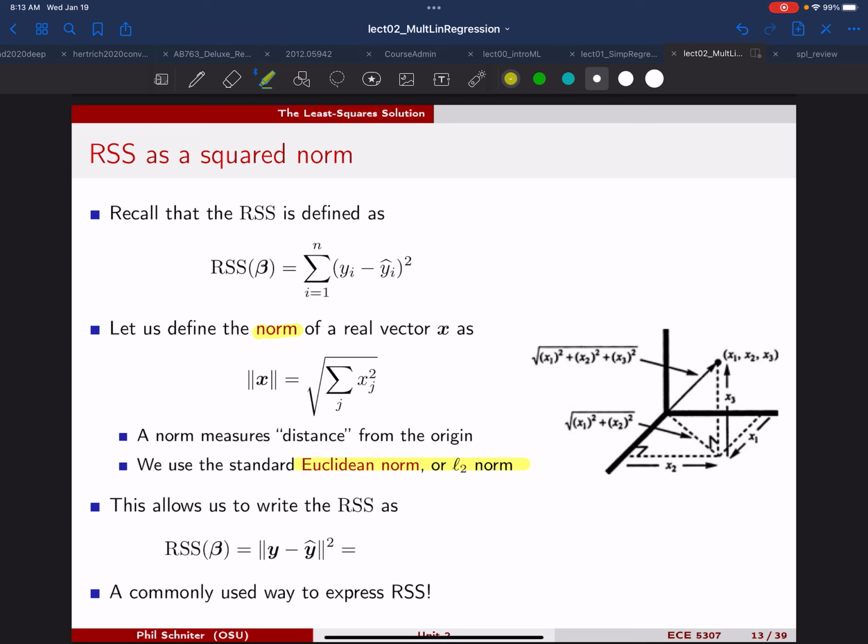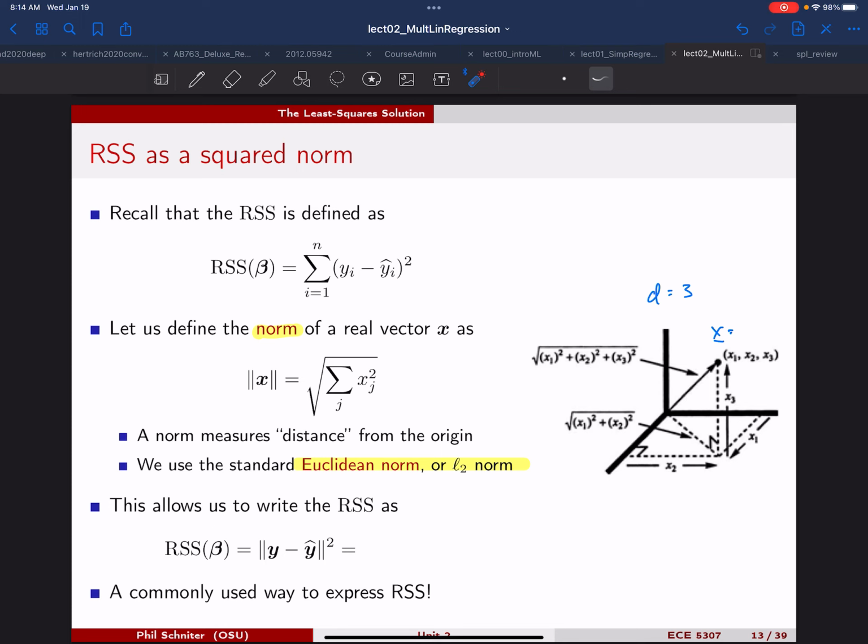So for example, on the right here, I have a picture in 3 dimensions. I have a vector x, and it has coordinates x1, x2, x3, and here's the origin. And so just the distance between those 2 points would be the Euclidean distance.